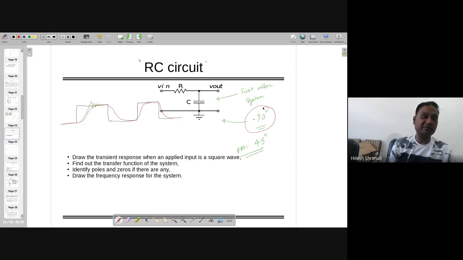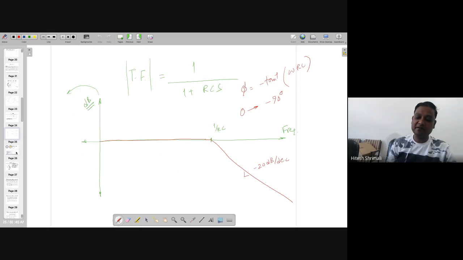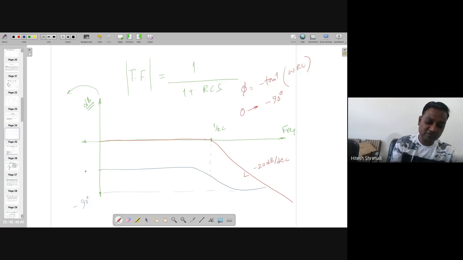because I thought that some of the people will not be able to follow. That's why I drew this one. So going from 0 to 90 degree means if you are drawing the phase, it's going from 0 to 90 degree. So this is going from 0 to 90 degree phase, and at 1 by RC it's equal to minus 45 degree.